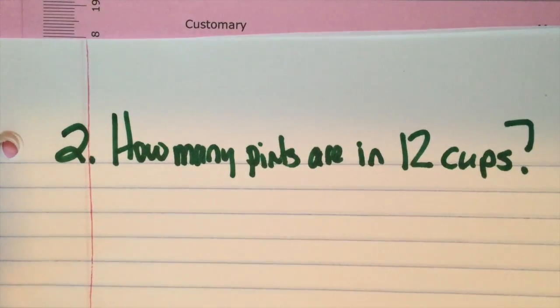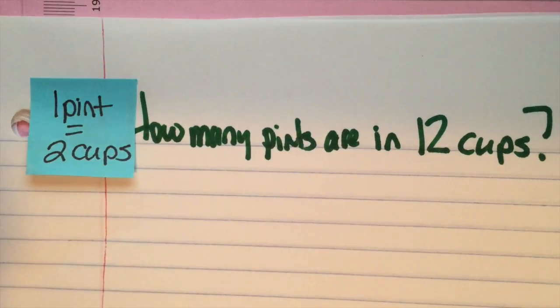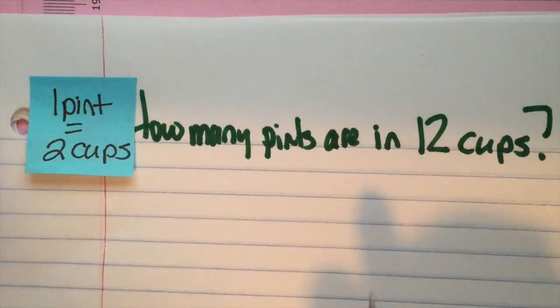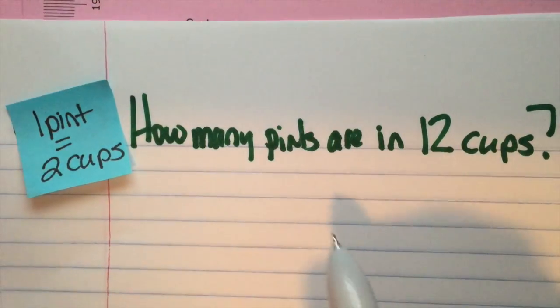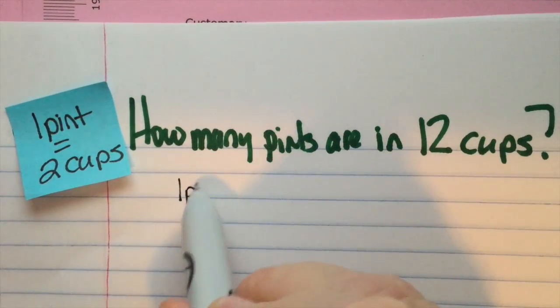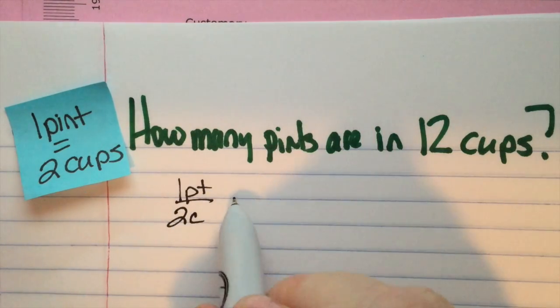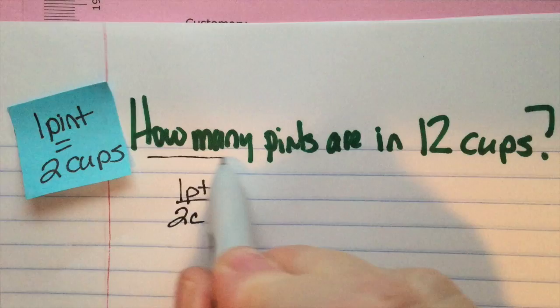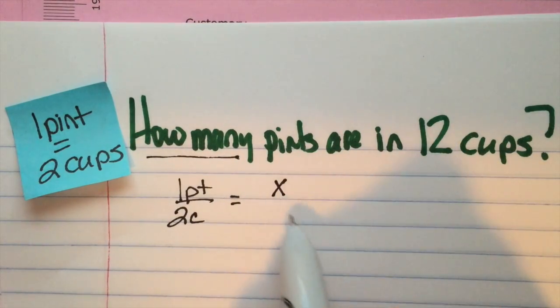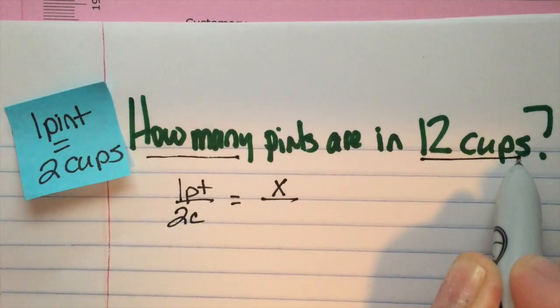I will take that information and keep it right here. Now we can form a proportion using the information that we have. 1 pint is equal to 2 cups. And how many pints is equal to 12 cups?